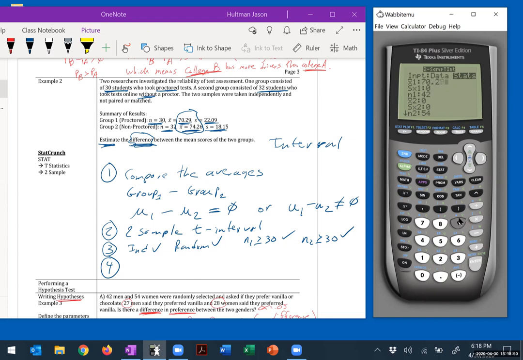What's the sample standard deviation? It's 22.09. And how many were in the first group? There were 30 in the first group.